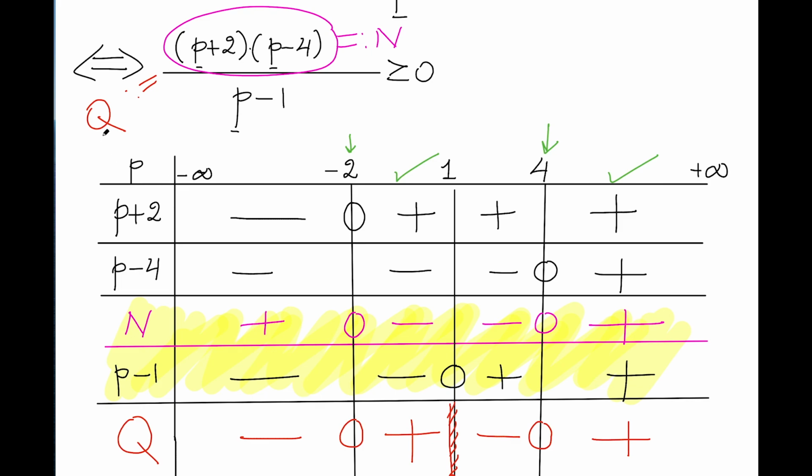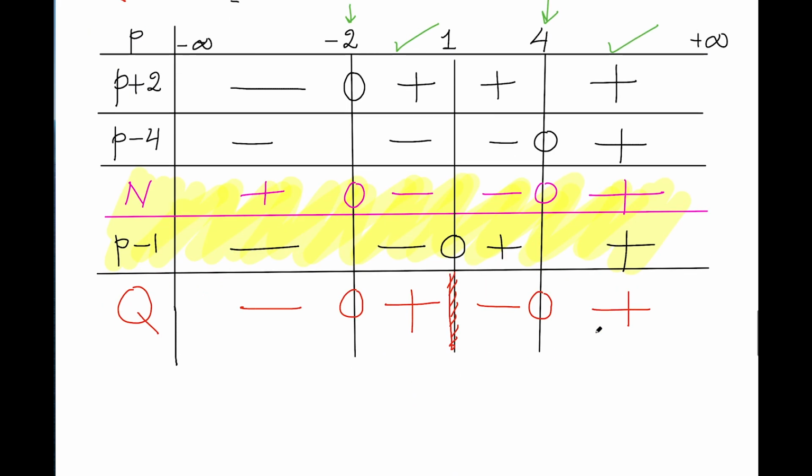If you want to answer the question before we finalize it in writing: q is 0 or more when p is between minus 2 and 1, including minus 2, excluding 1, because remember at 1 q is not determined, or p should be a number that's 4 or more.